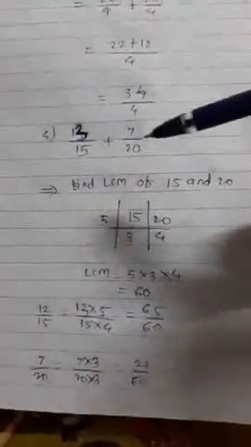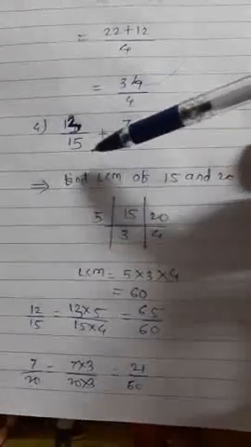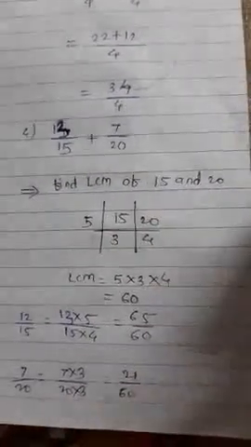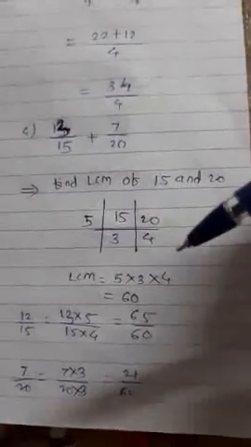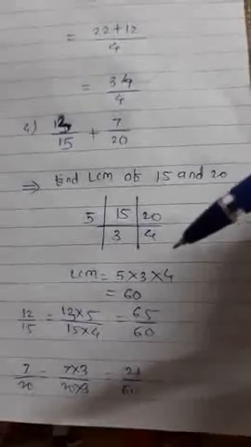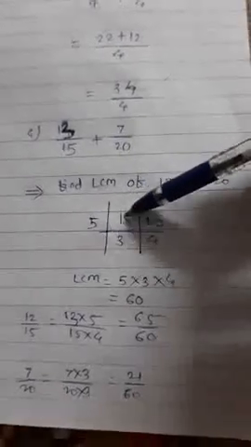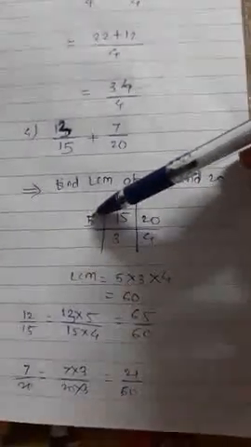Next example is 13 divided by 15 plus 7 divided by 20. These two numbers 15 and 20 are somewhat bigger. So we will find the LCM of these numbers 15, 20. Both numbers are divisible by 5.